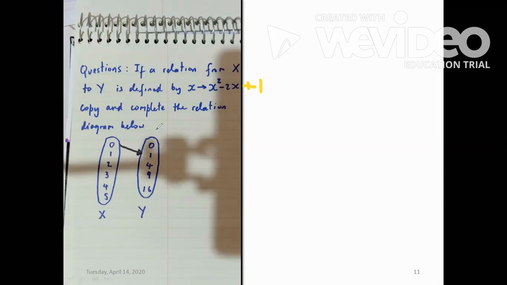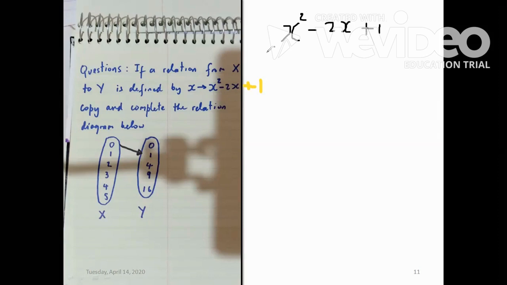All right, so basically this is our relation: x squared minus 2x plus 1.